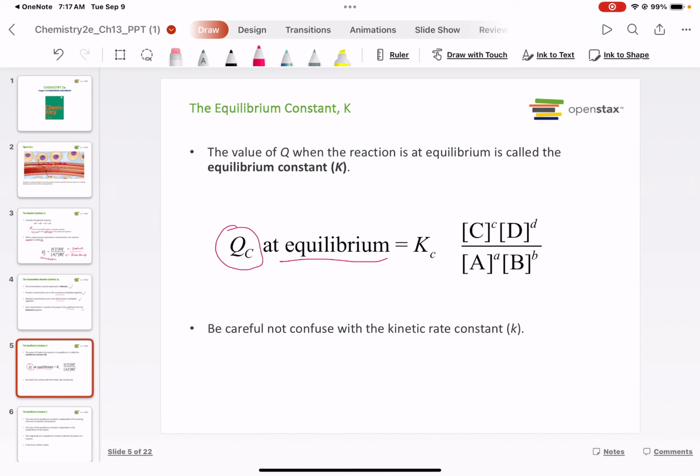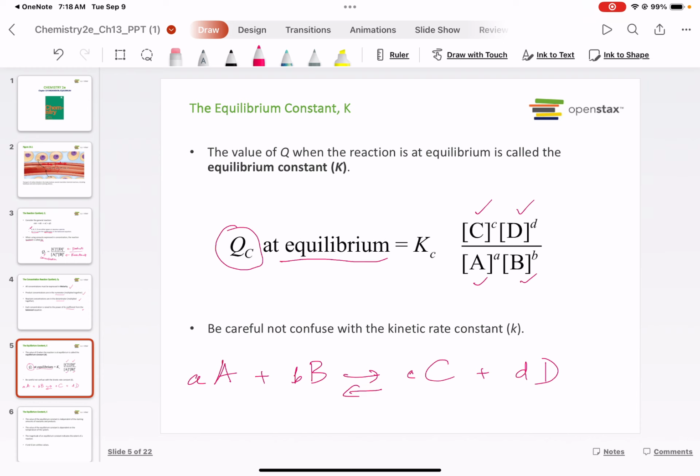When the rate towards the product and the rate towards the reactants are the same, it's like the reaction is going back and forth, and there's no change in concentration of C, D, A, and B. You start out with A plus B going to C plus D. At the beginning it's a lot of A and a lot of B, but as the reaction progresses, C and D will be formed, and then we'll have less A and less B. Sometimes it forms too much C and D, and then they go back to reform A and B. So back and forth.